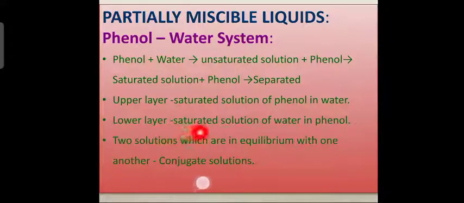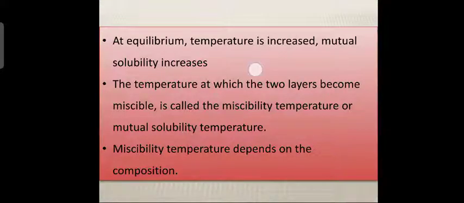Now two solutions which are in equilibrium with one another are called conjugate solutions. These two layers exist together in equilibrium. At equilibrium, when the temperature is increased, the mutual solubility increases.